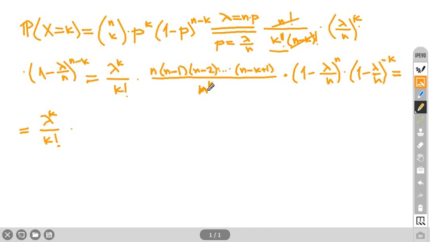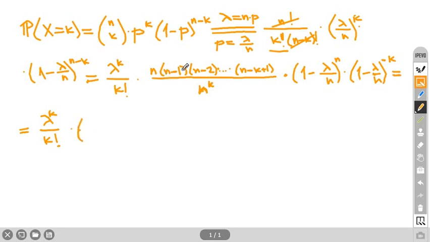So n over n times n minus 1 over n times n minus 2 over n, because we have k terms here and k terms here, n times n times n, k times.